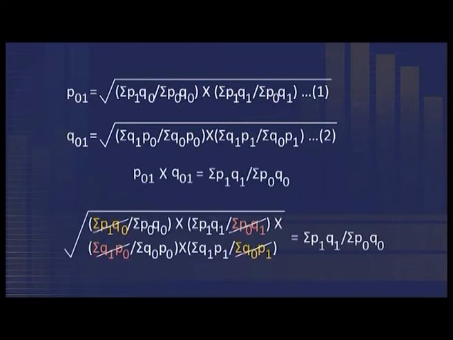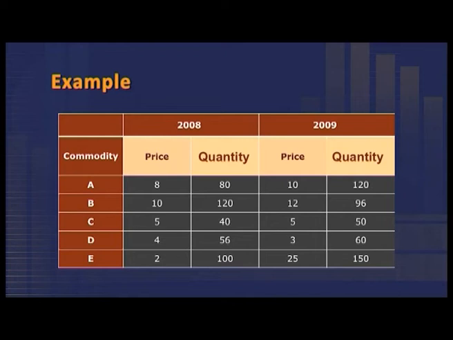By multiplying the two indexes, we will get the result as the value ratio. Let us take an example to understand the calculation for time reversal test and factor reversal test.